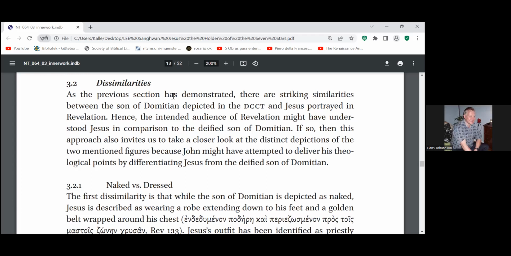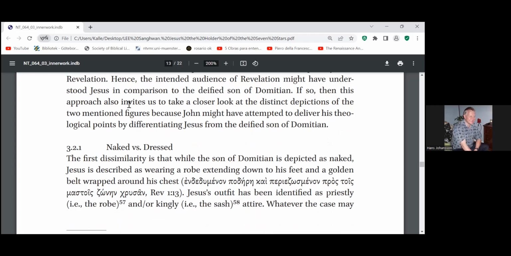As the previous section has demonstrated, there are striking similarities between the Son of Domitian depicted in the DCCT and Jesus portrayed in Revelation. Hence, the intended audience of Revelation might have understood Jesus in comparison to the deified son of Domitian.